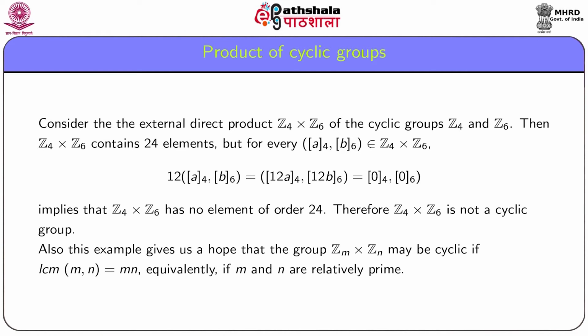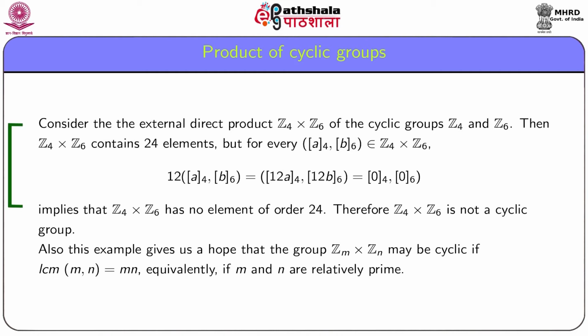Recall that a finite group G is a cyclic group if and only if it has an element having order the same as the number of elements in the group G. So, for Z4 cross Z6 to be a cyclic group, we have to show that it contains an element of order 24.